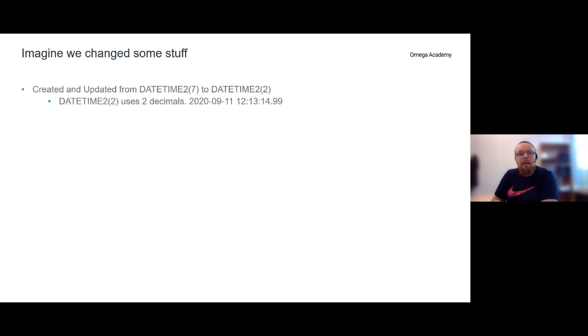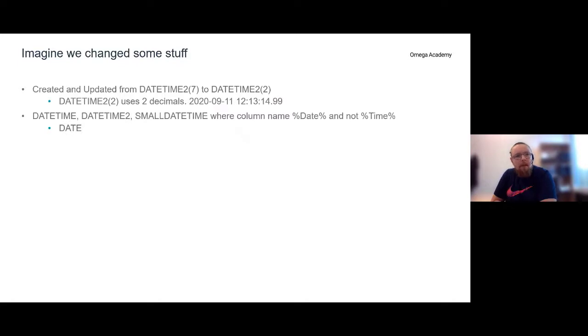So let's imagine we changed all the created and updated columns that we have in our tables from datetime2(7) to datetime2(2). We look for columns that have date in the name, but not time. So this could be adjusted date or transfer date or accounting date or whatever.